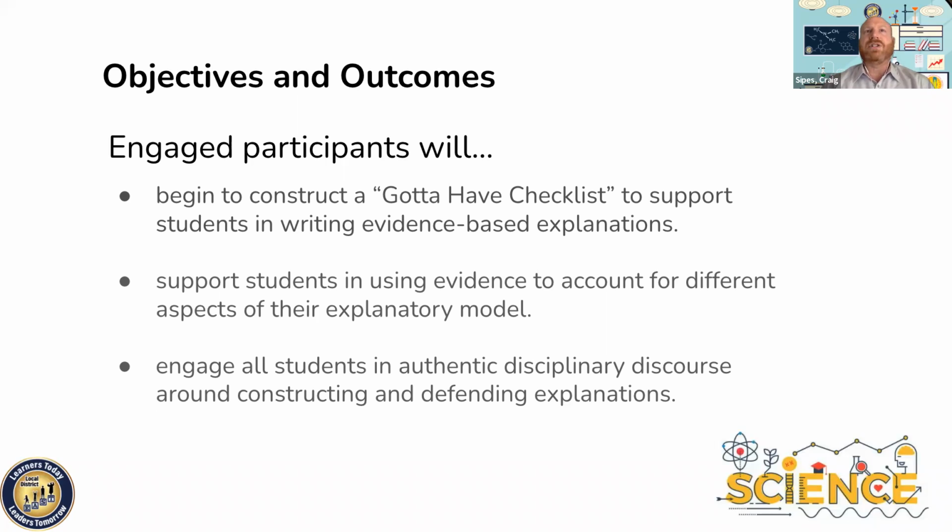Also how to support students in using evidence to account for different aspects of their explanatory model, and how we might engage all students in authentic disciplinary discourse around constructing and defending explanations.